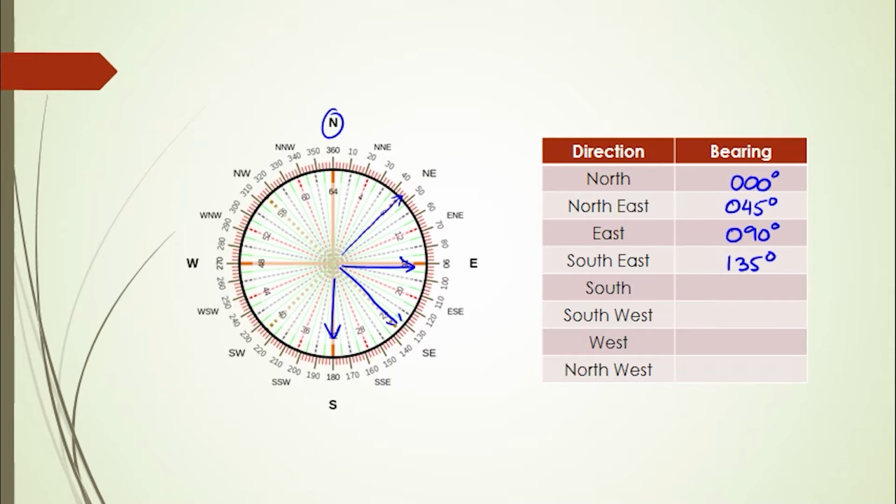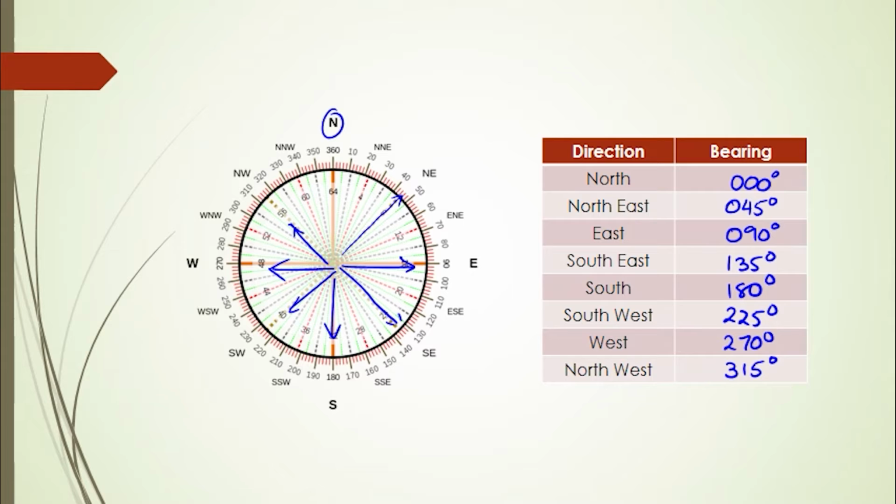South is 180. Southwest is 225. West is 270, and northwest is 315 degrees. If we're talking about directions, those are the bearings we're talking about. So if someone says we're going in the direction of south, that means they're going at a bearing of 180 degrees.